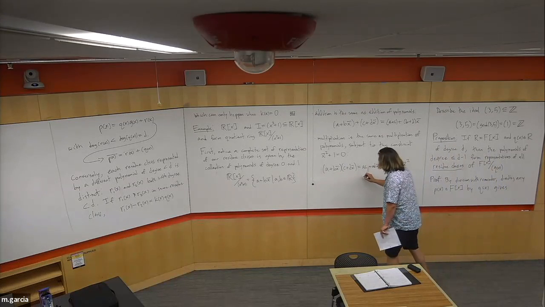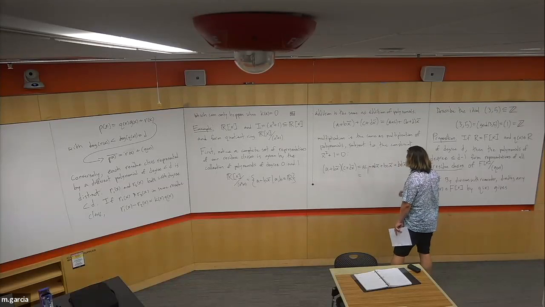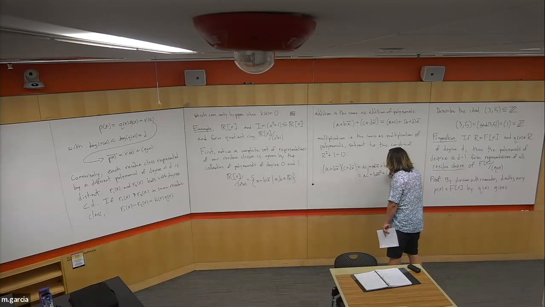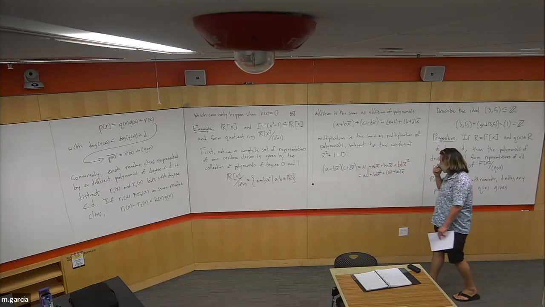Okay, so now I will select like terms. AC, plus BD x bar squared, plus AD plus BC x bar.